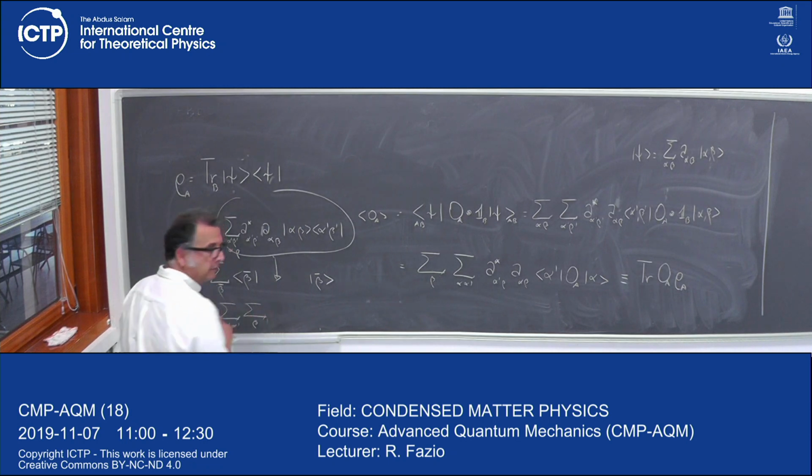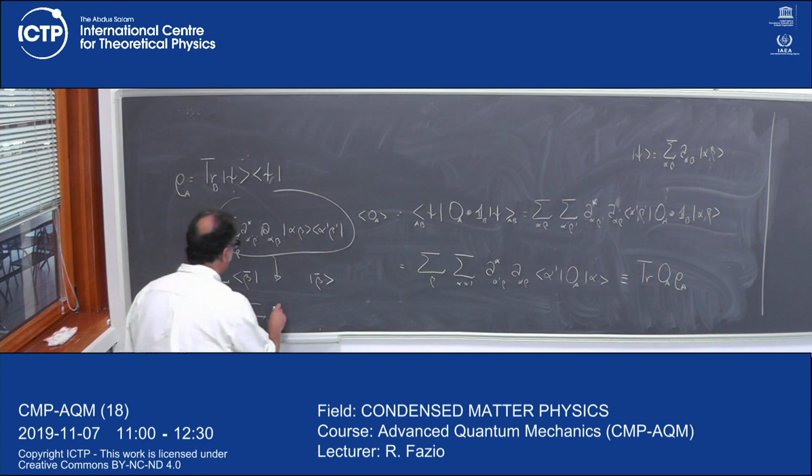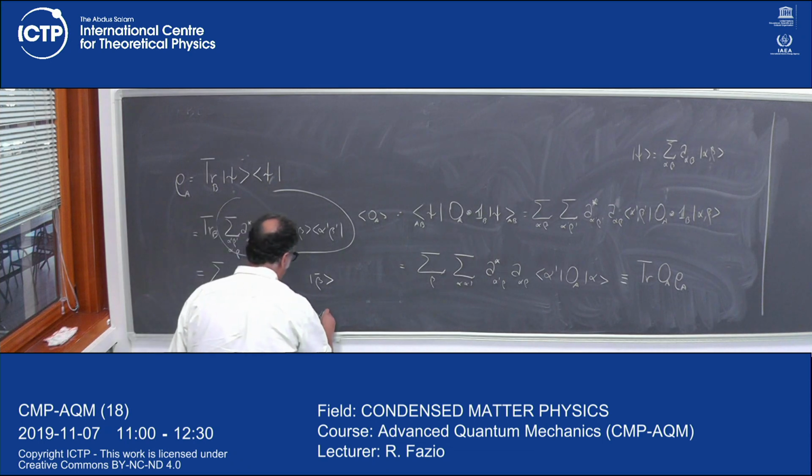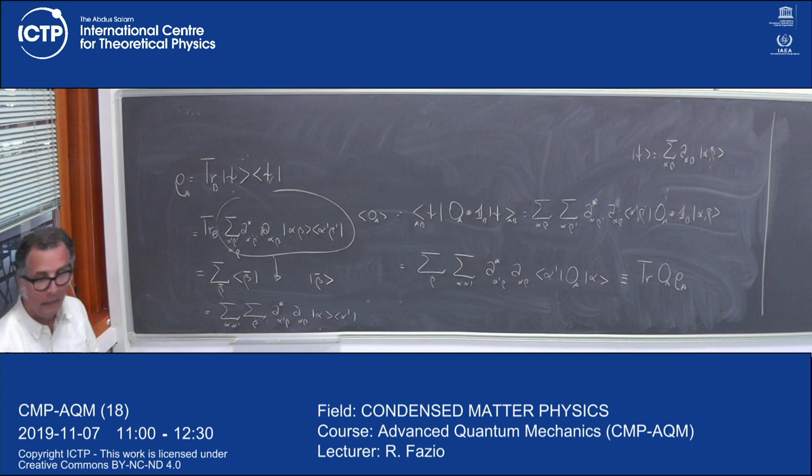And then you get A star alpha prime beta, A alpha beta, and then you get alpha prime. Okay?